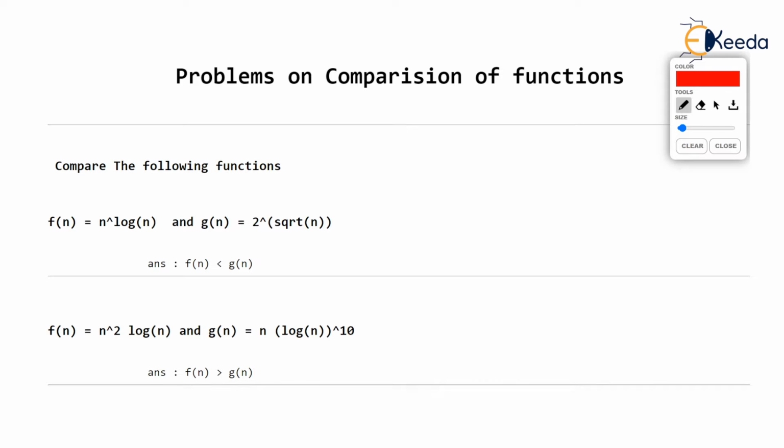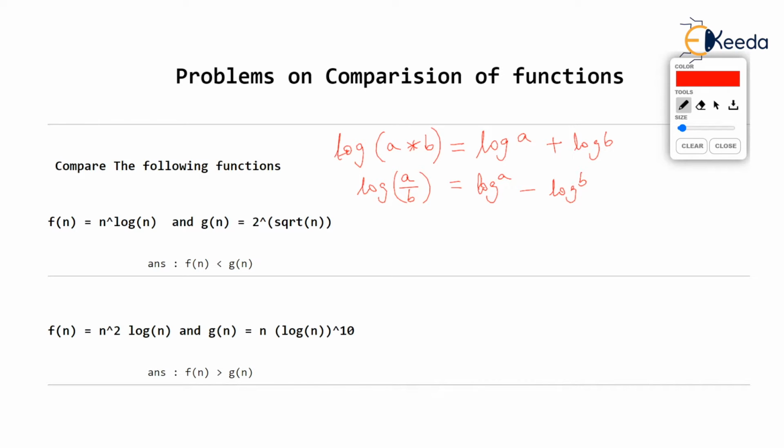For example, what is log of a into b? From our high school mathematics, we know that log of a into b is log a plus log b. Remember this. Or if you are asked what is log of a upon b, then it is log of a minus log of b.